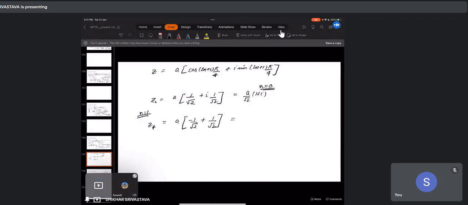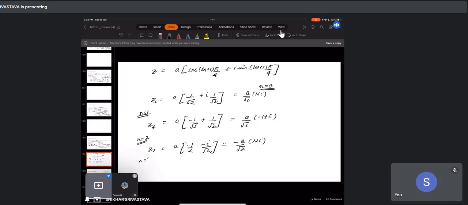So you can write this as a by root 2 times (minus 1 plus i). For n equal to 2, you get both minus: minus 1 by root 2 minus i by root 2, so minus a by root 2 times (1 plus i).